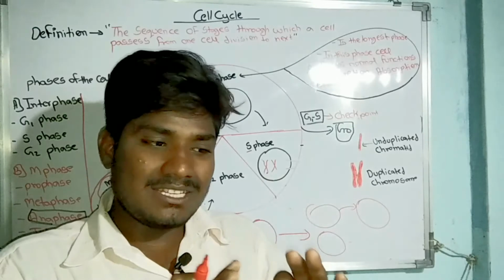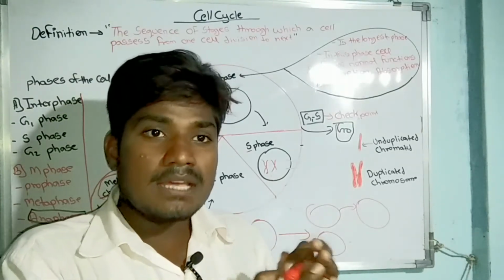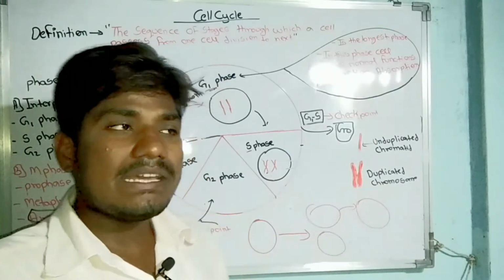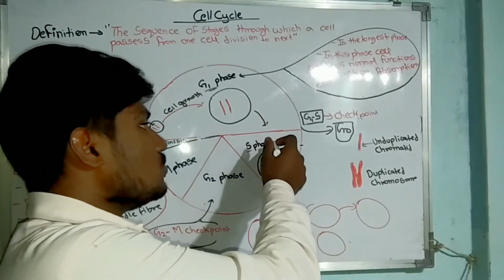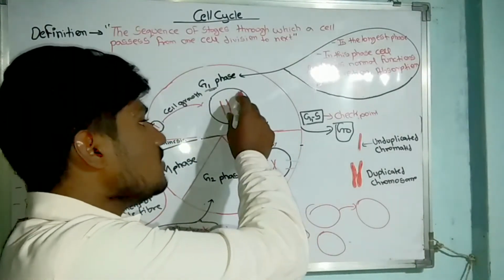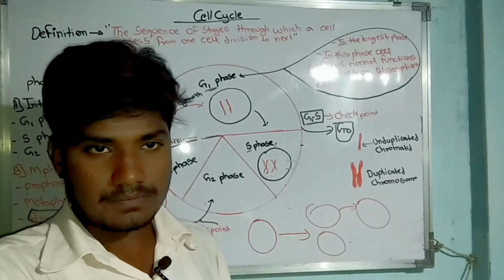If any of these criteria is not fulfilled by the cell, then that cell will not enter from G1 phase to S phase.